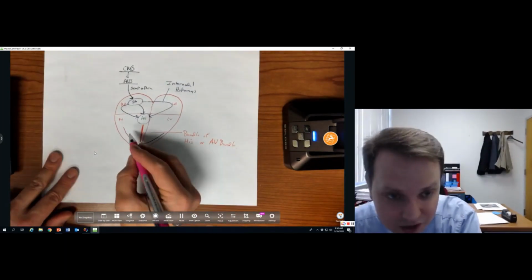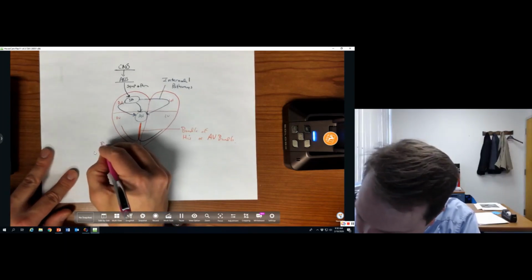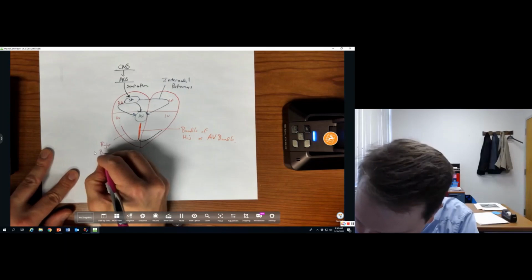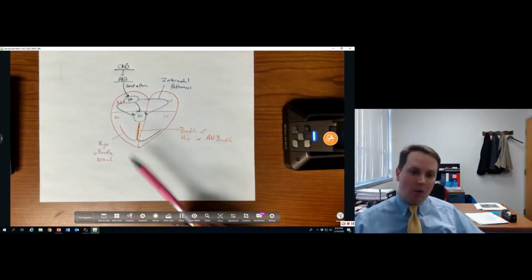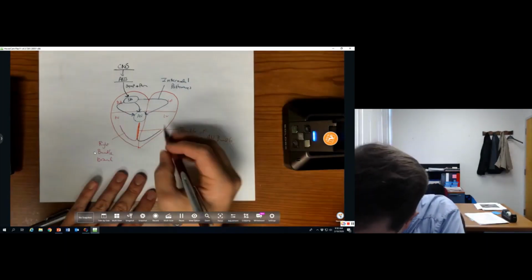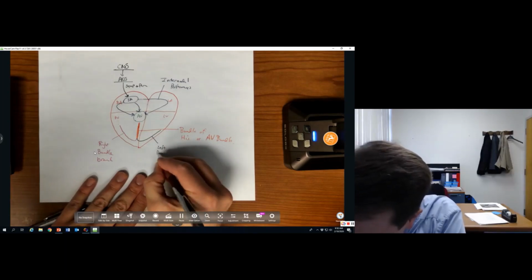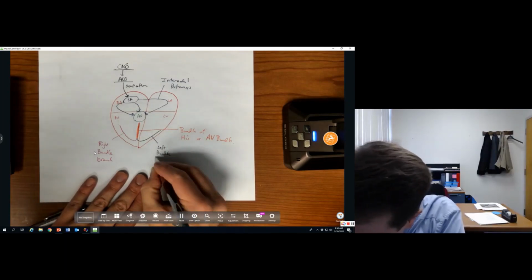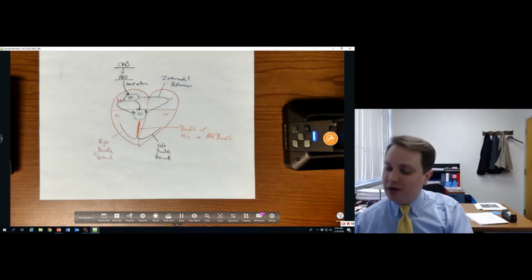So there is the one on the right called the right bundle branch. Now, this will be important. You may have a right bundle branch block or a left bundle branch block when you deal with patients, cardiac patients. Left bundle branch. Okay, so there's a left and right bundle branch.